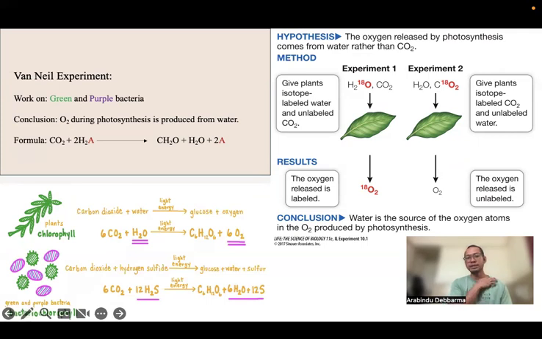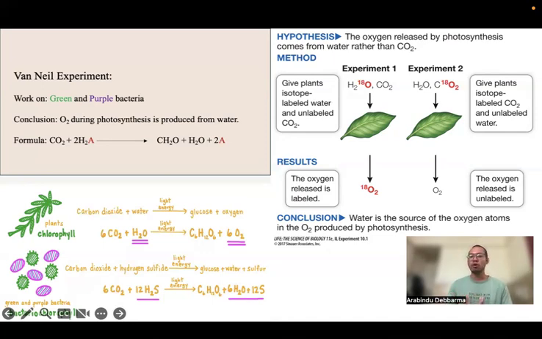In order to prove this, he used purple bacteria. These bacteria don't use water and carbon dioxide to prepare their glucose molecule, but instead they use hydrogen sulfide, because these purple bacteria are mostly present in very harsh conditions, like in volcano areas, where sulfur is present.